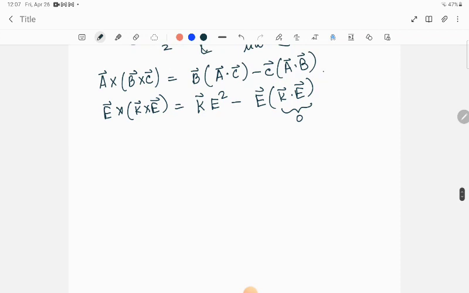Once we substitute that, S is equal to half the real part of E squared by mu omega times the vector k.